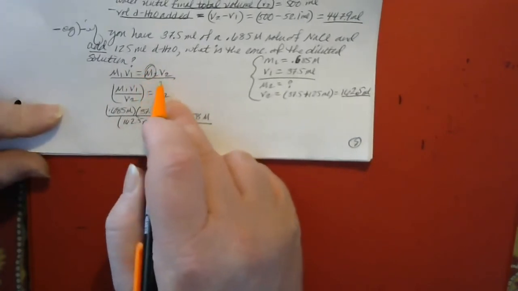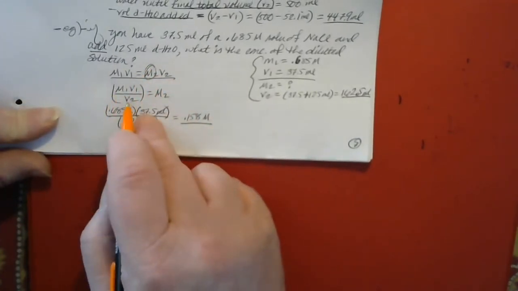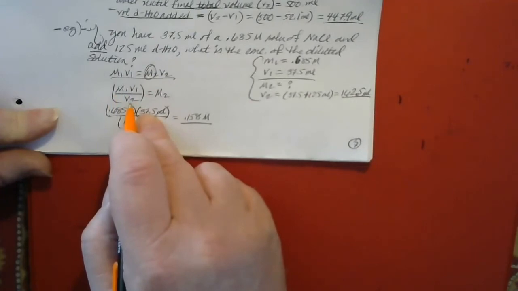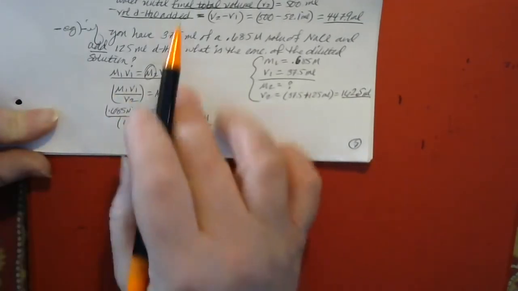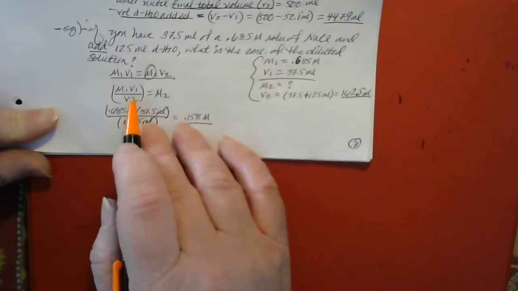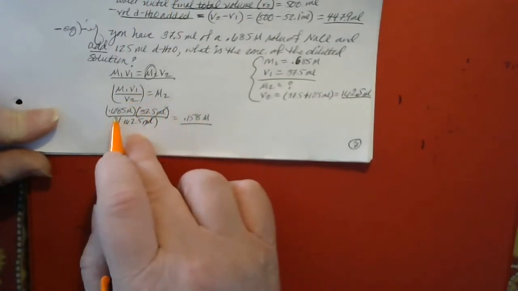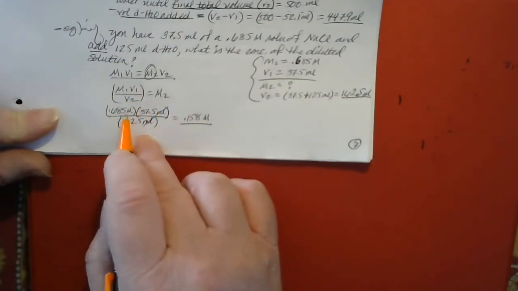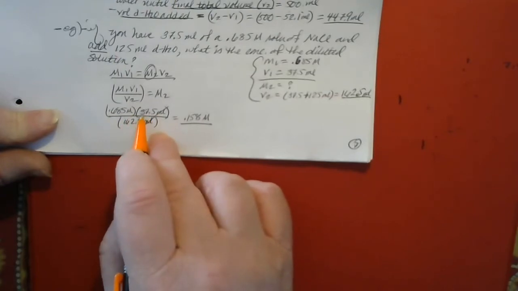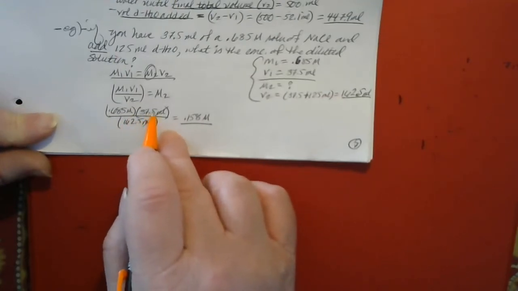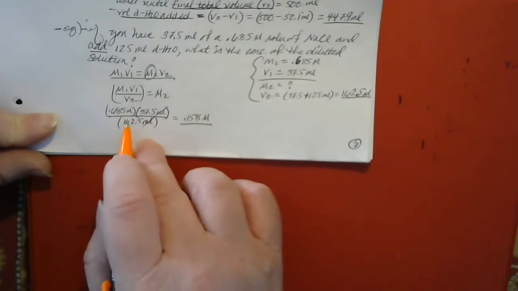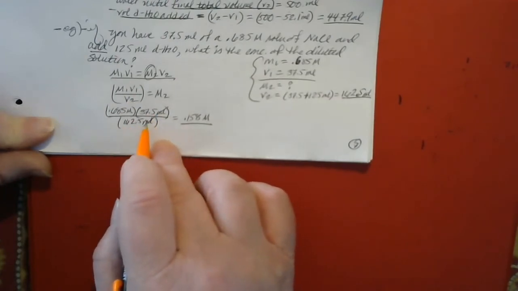If you solve that for M2, that's just M1 V1 over V2, using the same kind of algebra we just used in the question above. And M1 is 0.685 molar, V1 is 37.5 milliliters, V2 is 162.5 milliliters.